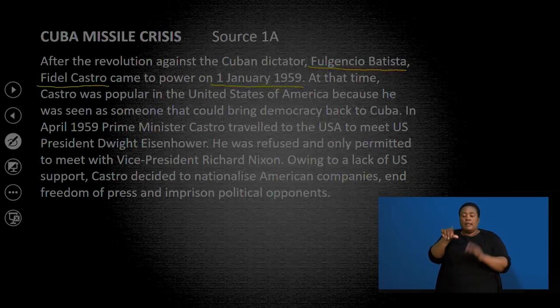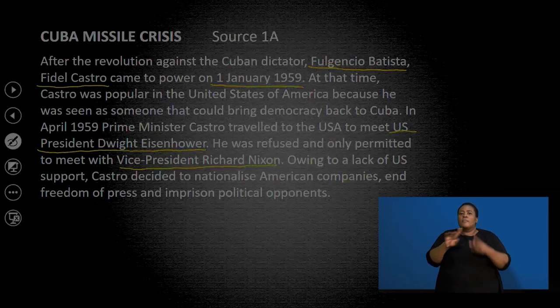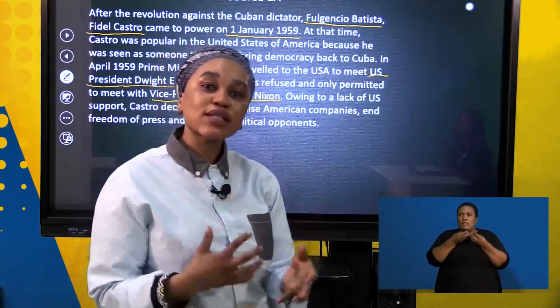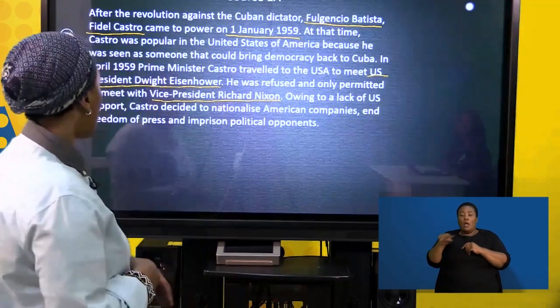And then it also tells you here that the U.S. president was Dwight Eisenhower. You already know that. The vice president, Richard Nixon. All those are important things that you would have to highlight because, as I said to you, you will be expected to use them when you're answering your question.